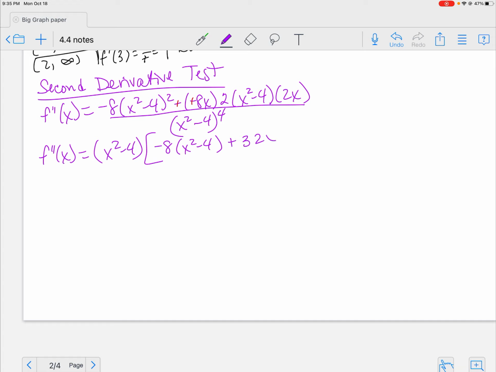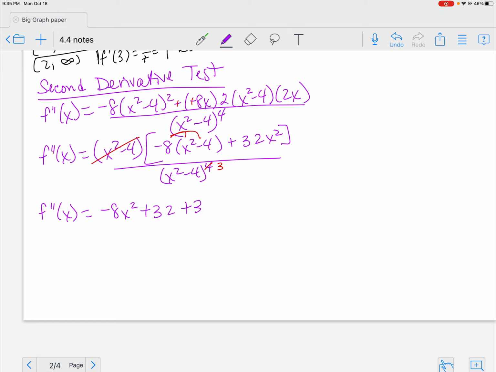Plus a 32x squared all over x squared minus 4 to the fourth. That one takes that one out, leaves me with 3. I can distribute. My second derivative here is going to be a negative 8x squared plus 32 plus a 32x squared over x squared minus 4 cubed.